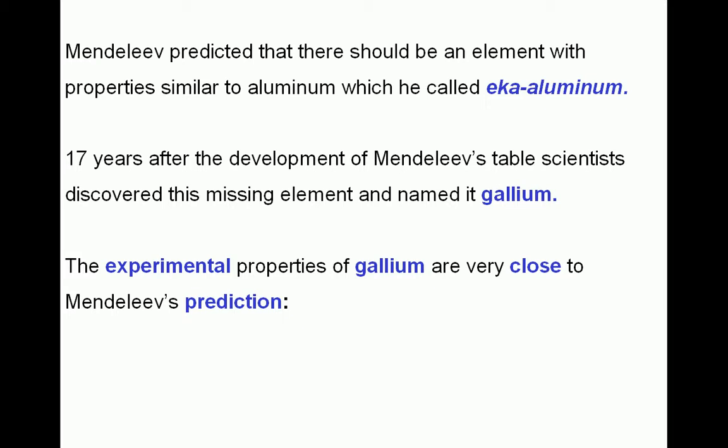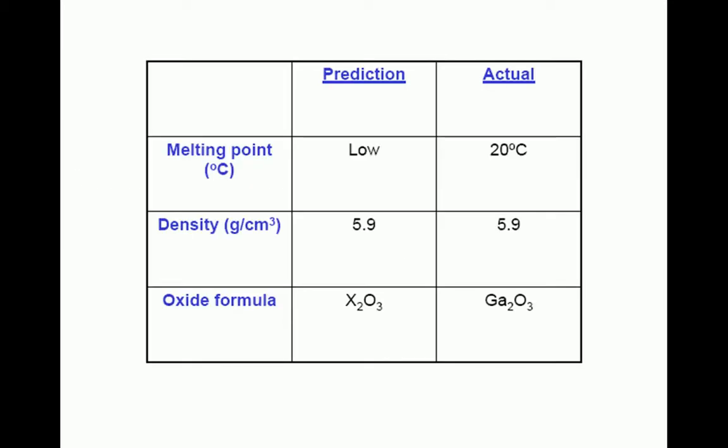So it's of interest to compare the properties of gallium that are observed experimentally with those predicted by Mendeleev. So Mendeleev predicted that the melting point of gallium would be low, and it's 20 degrees Celsius, which is room temperature. He predicted that the density of the gallium would be 5.9 grams per cubic centimeter, which it is observed to be.